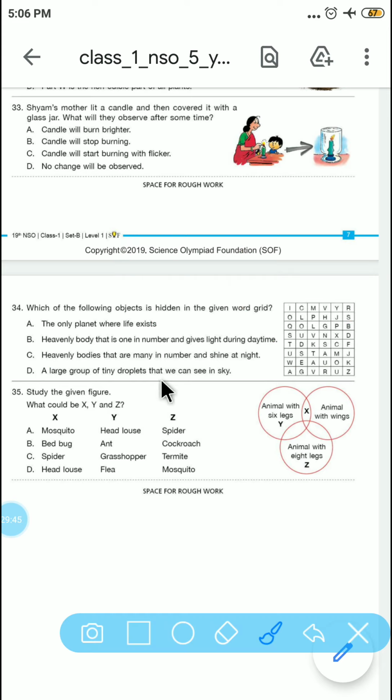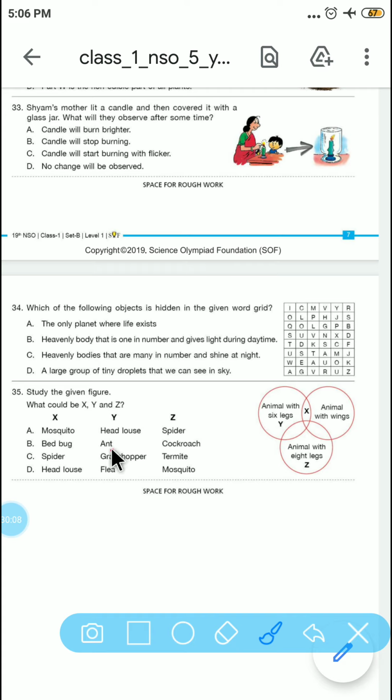Now the last one of this section is 35th question. What could be X, Y and Z? Okay. So let's see. Animal with 6 legs. So what are the maximum possibilities?